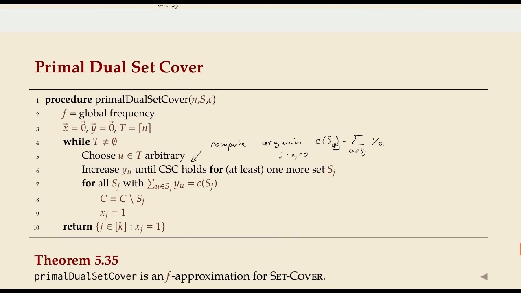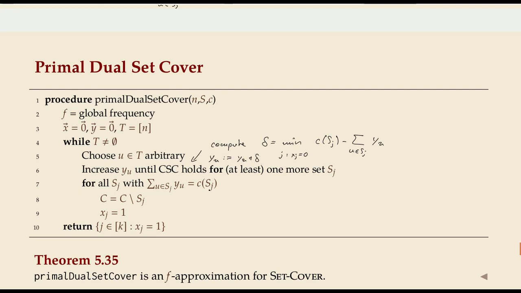And then we increase the yu until this is tight for one of the sets. So essentially we compute the argmin and then add the min to yu, and then we know by the argmin already which set it was, but maybe it's easier to write it like this. So we compute this delta and then essentially set yu plus delta.